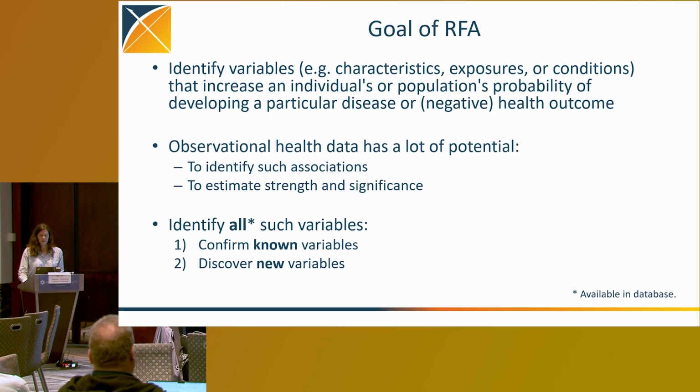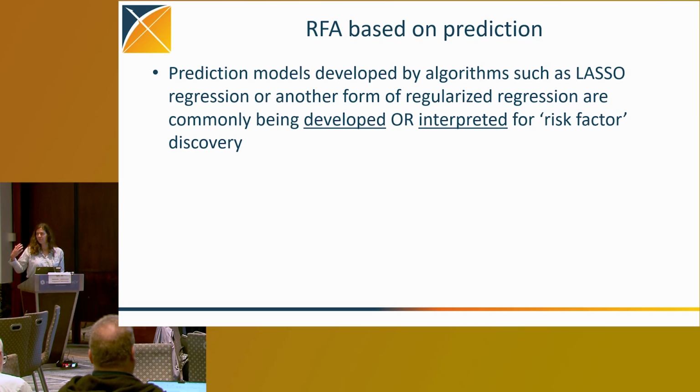And the goal is to identify all such variables, I would argue. Both confirm the known variables, because you do expect to see those back in your data, but also to discover new variables. Of course, it's important to say here that the variables should be available in your data source. If it's not in the data source, you're not going to discover it. So it's limited to, of course, the data that has been collected.